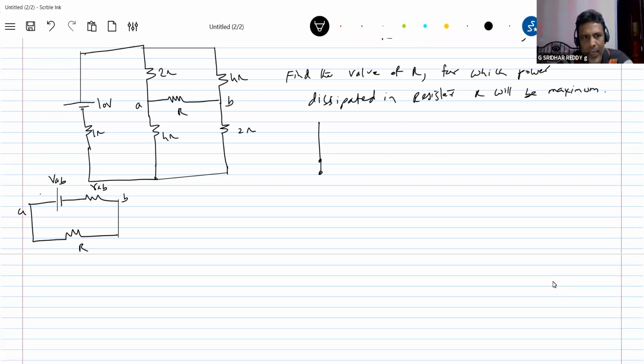The EMF of the battery, this E, you make it 0. When you make it 0, the internal resistance of the cell will be present as it is.